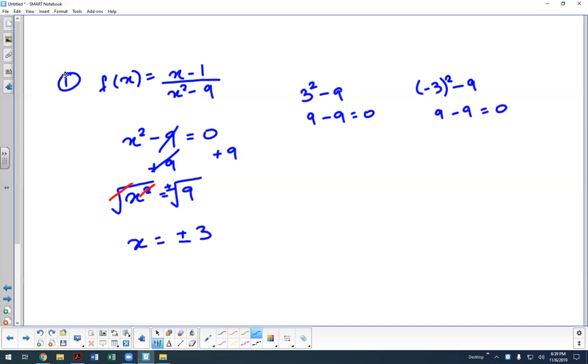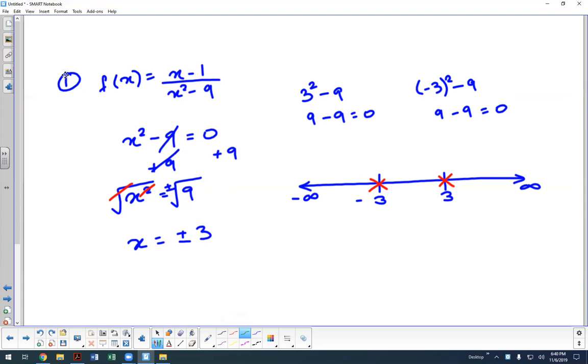So we know both those numbers make our denominator 0. So your domain is saying it can be anything from negative infinity to positive infinity, except it cannot use -3 or +3. So what will your domain look like then?